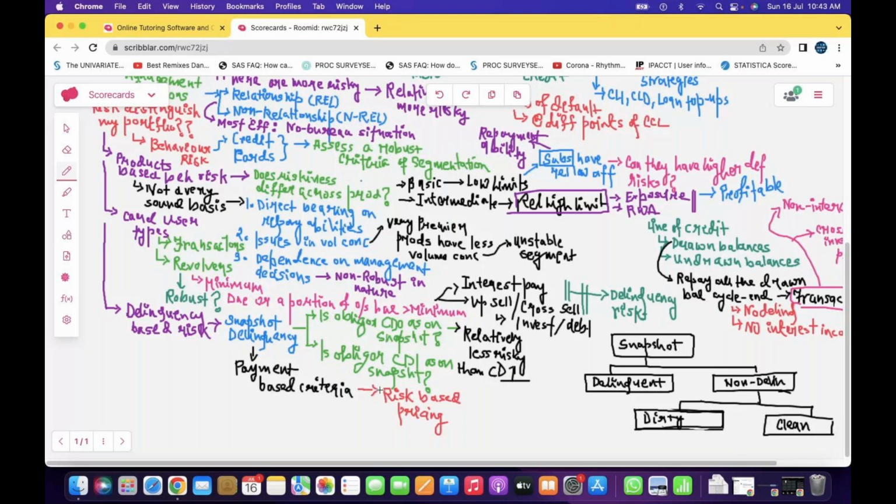Also, given that we are doing a delinquency based segmentation, there will always be sufficient volume of customers across each of the segments.